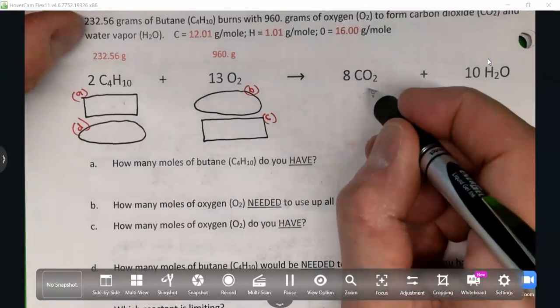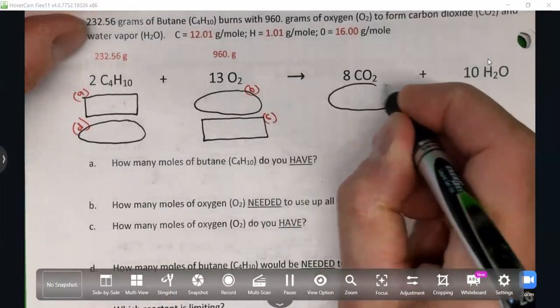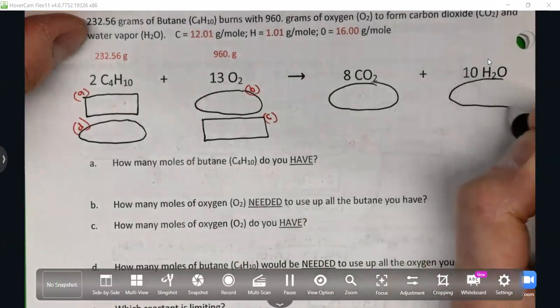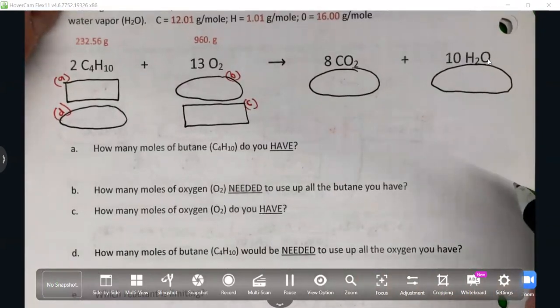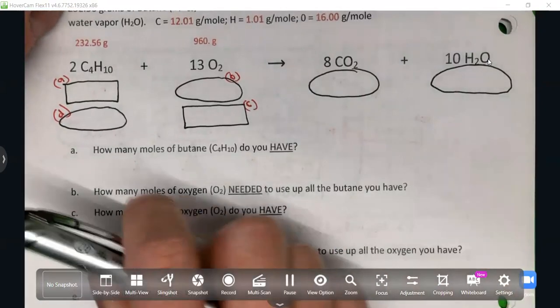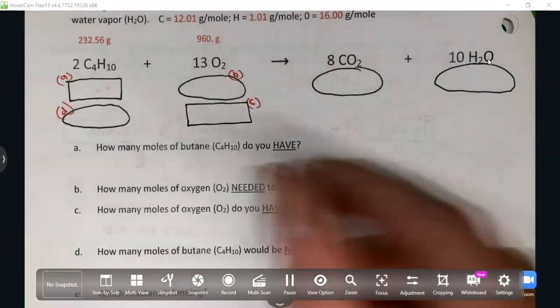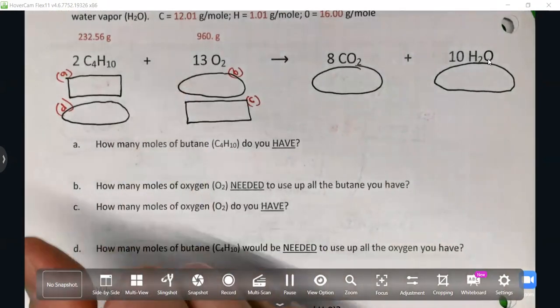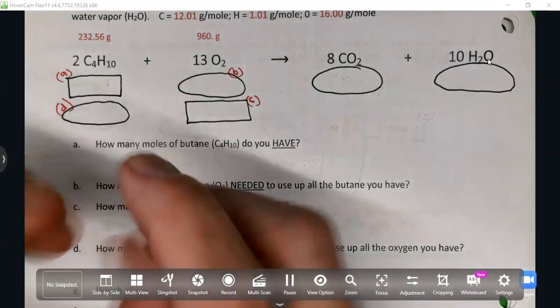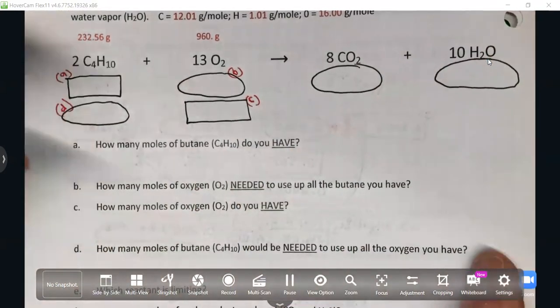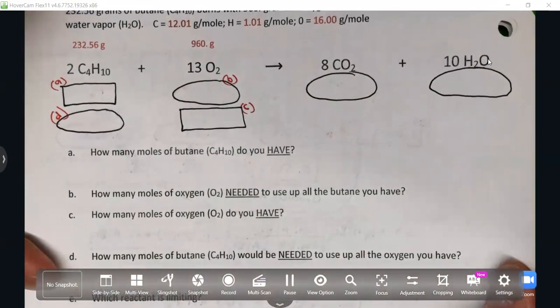And then it's going to have you calculate how many moles of each product here. Try this out a little bit. Monday we'll put some of this up there. But try this out a little bit. It should work out the same way.